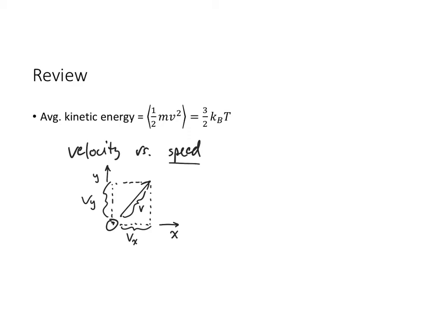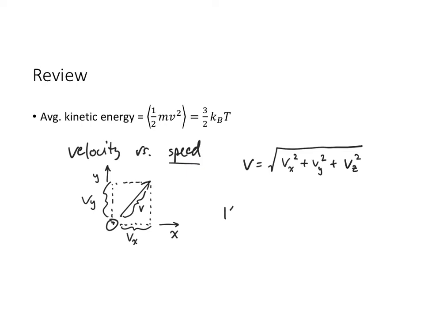okay? And the way that we can calculate the speed is it just equals the square root of the velocity in the x direction squared plus the velocity in the y direction squared plus the velocity in the z direction squared, like so. So maybe you can see the Pythagorean theorem at work here.